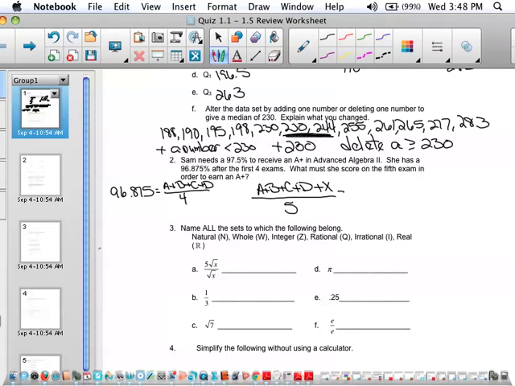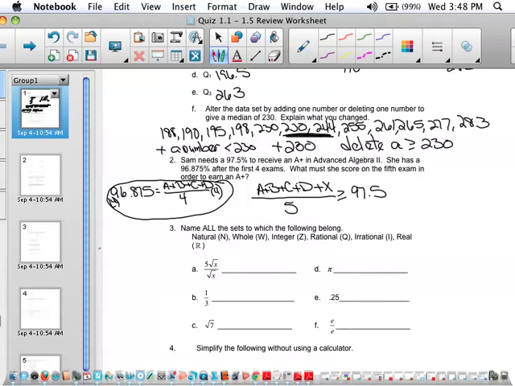And that has to be greater than or equal to 97.5. So be careful when you're filling this in. You actually, in this equation, have to multiply both sides by 4. And then that becomes the sum of A, B, C, and D.